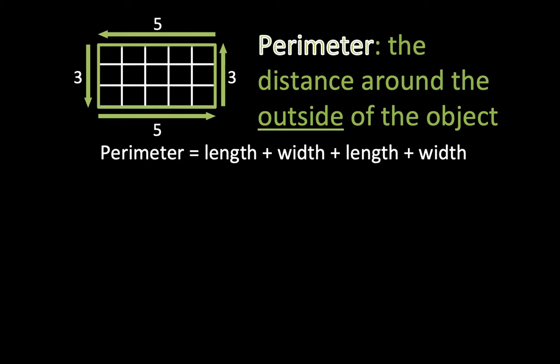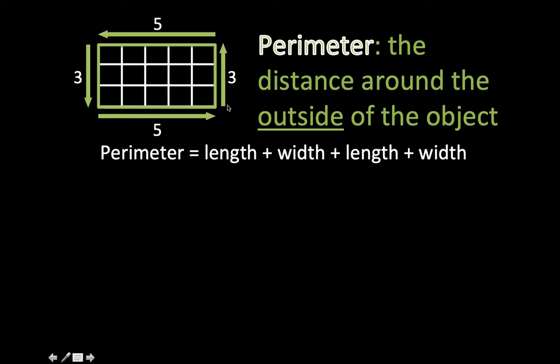So here we're going to add up the sides to get to the perimeter. You can see that both of these sides are 3 units. Both these sides are 5. And the way that we know that is simply counting. 1, 2, 3. 1, 2, 3, 4, 5.